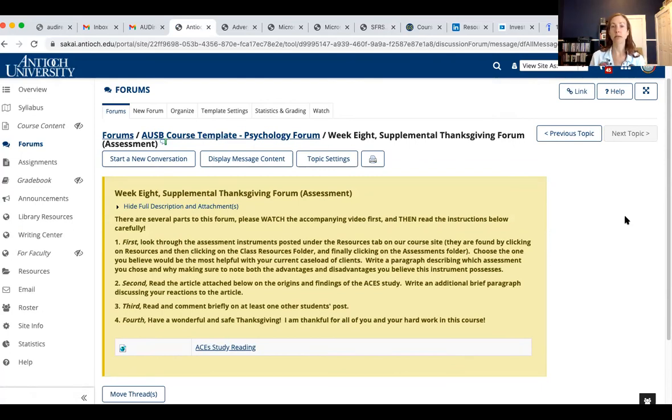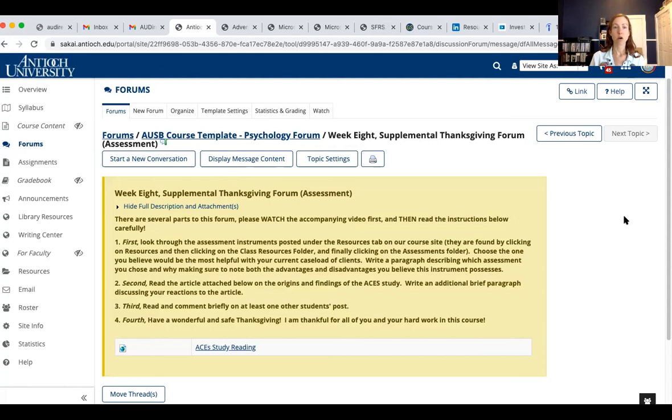but you're just going to choose one that you feel would be a useful adjunct to your practice right now, today. And you're going to write a paragraph describing which assessment you chose and why, making sure to note both the advantages and the disadvantages that you believe that assessment instrument possesses.